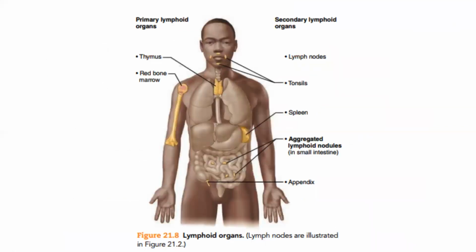Lymphoid organs, as we said, are present in many different parts of the body. As you can see here, the thymus gland is at the base of the neck behind the sternum, and here is the red bone marrow.